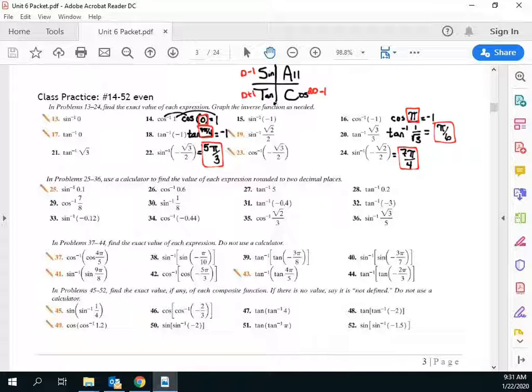You good, Mackenzie? 15, 19, and 23. This column right here.